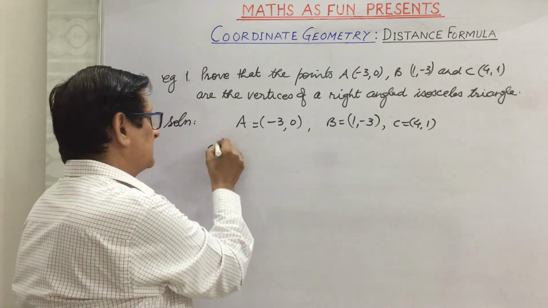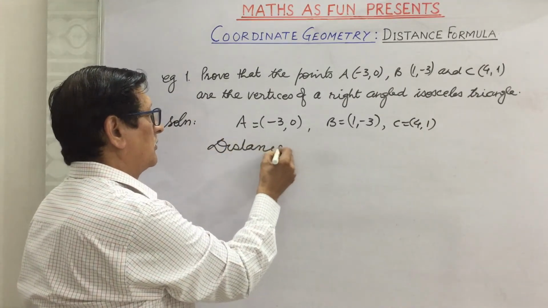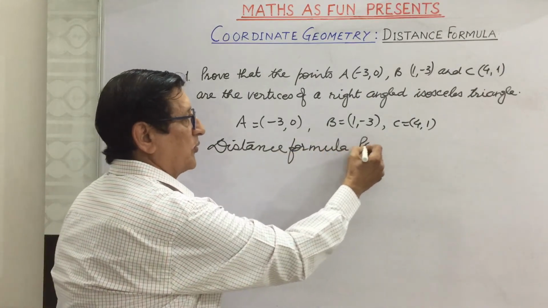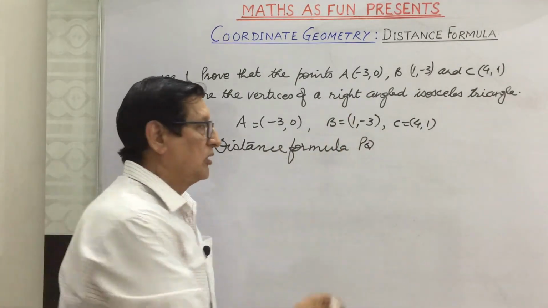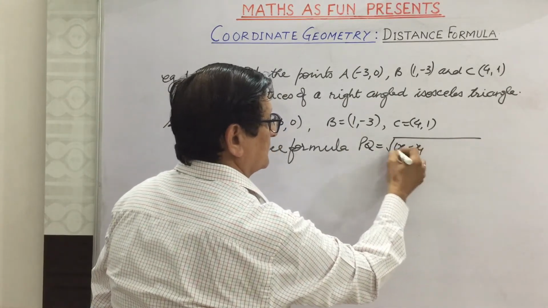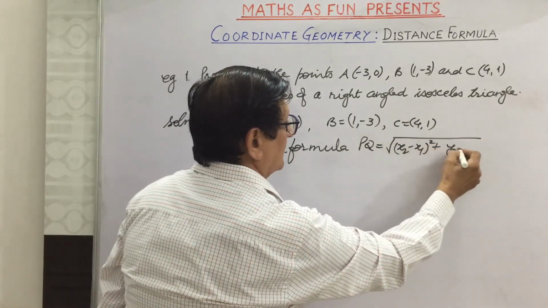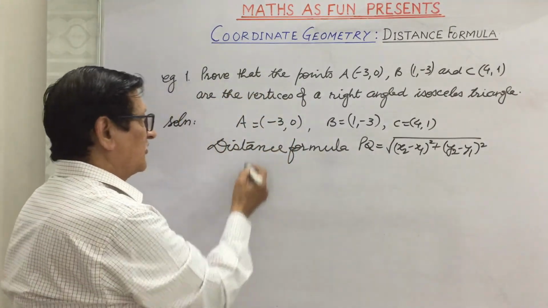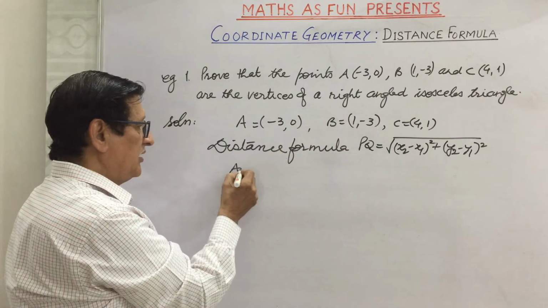Then we write the distance formula. For any 2 points P and Q, PQ is root of (x2 minus x1) square plus (y2 minus y1) square. Using this we can find out the side AB.